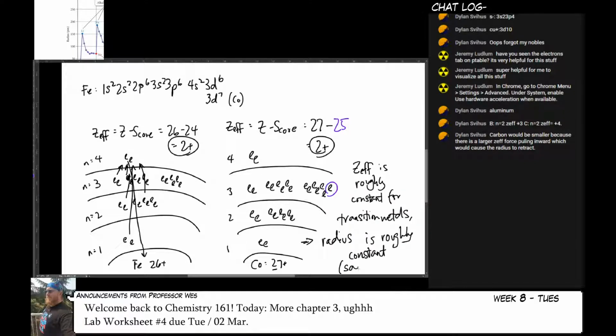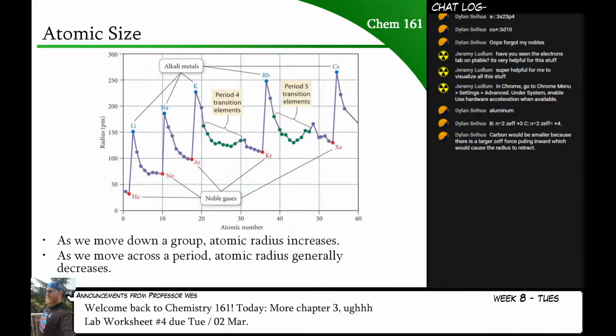And again, this is all for within the same n. And if I go back to the chart and look at that, what I see is that, yeah, they are kind of the same for the most part in this region. Instead of sharply going down, it even starts to come back up, right? And so on average, they're just sort of around this size. So these are all roughly the same size. And over here, same thing. They're roughly the same size.